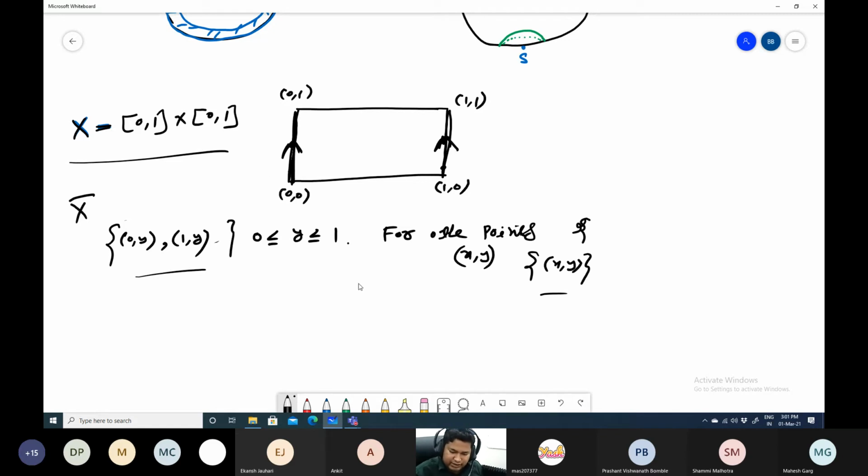So we are getting a cylinder actually. So this is my X, and we are getting a cylinder. So this is my X bar. Right? Okay.